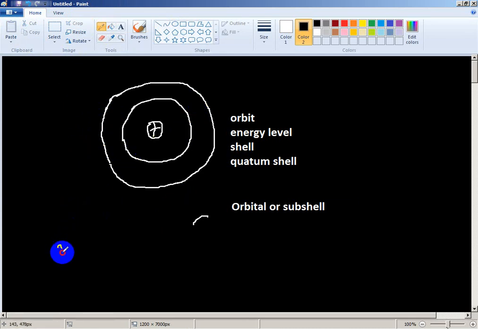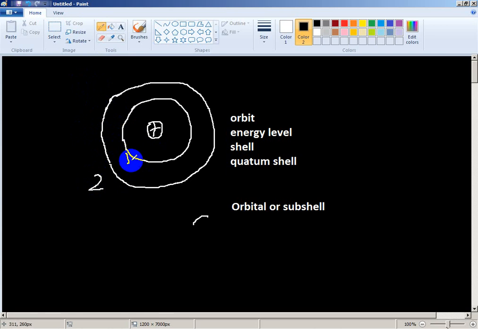We find the number of electrons in an energy level with 2n squared. This is the first shell, shell number 1, shell number 2. Energy level 1, energy level 2, energy level 3, and so on.